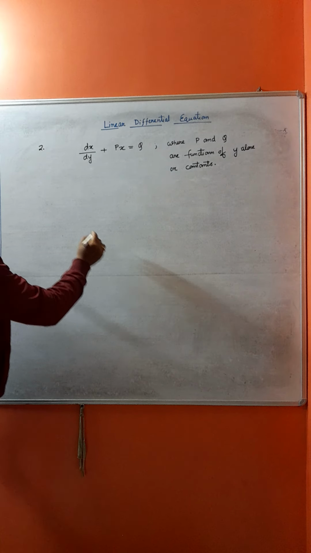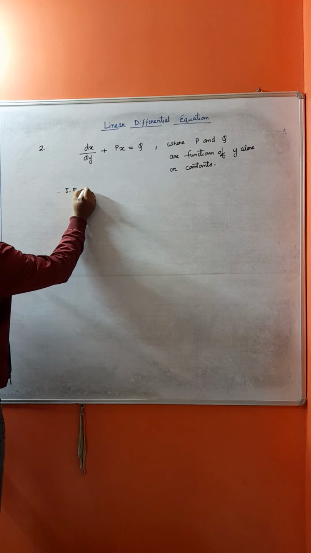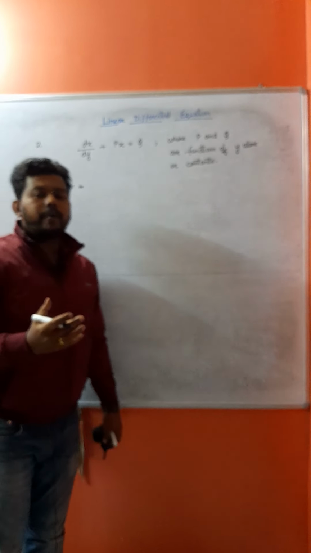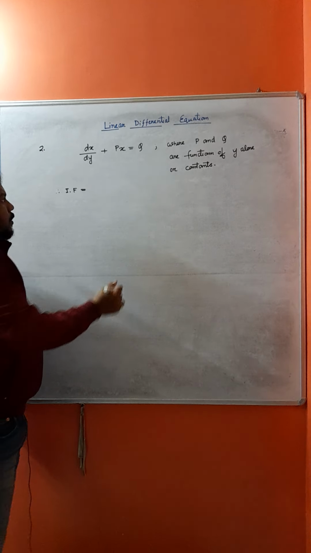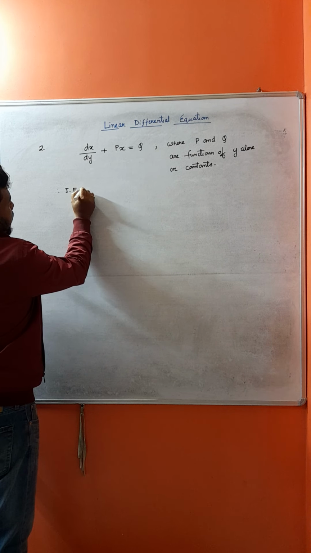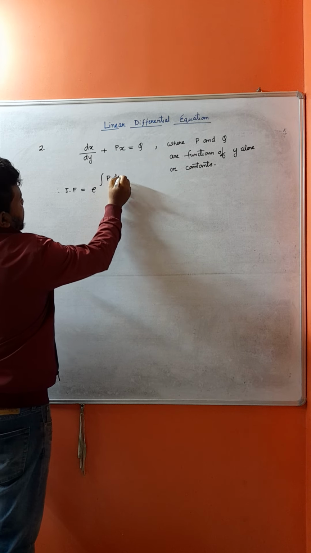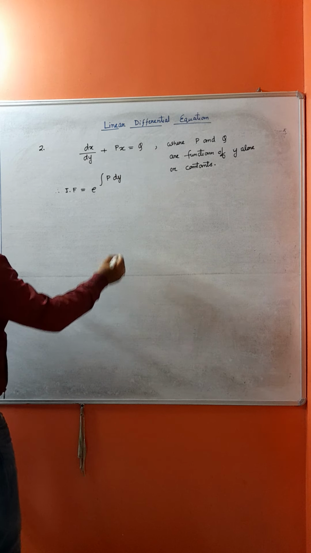Okay. Now, what to do? Again, find out the IF, integrating factor. So here we write IF is equal to e to the power integration of p with respect to y, so p dy.